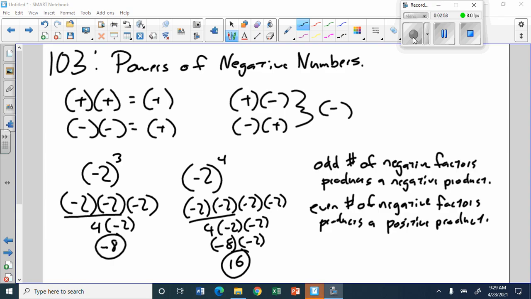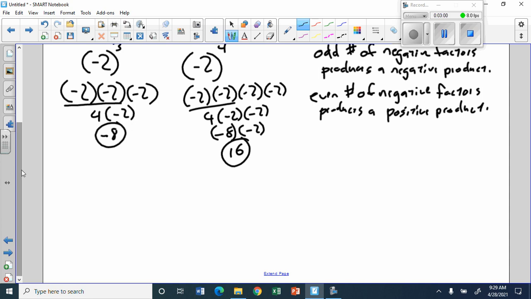So there's only one other thing to make sure we point out on this. There is a difference of something. Negative 2 cubed does not equal negative 2 cubed. Why might that be? Why aren't those the same thing?